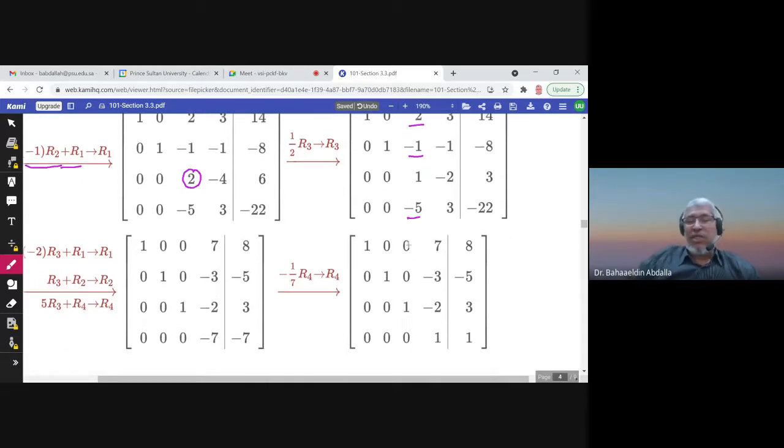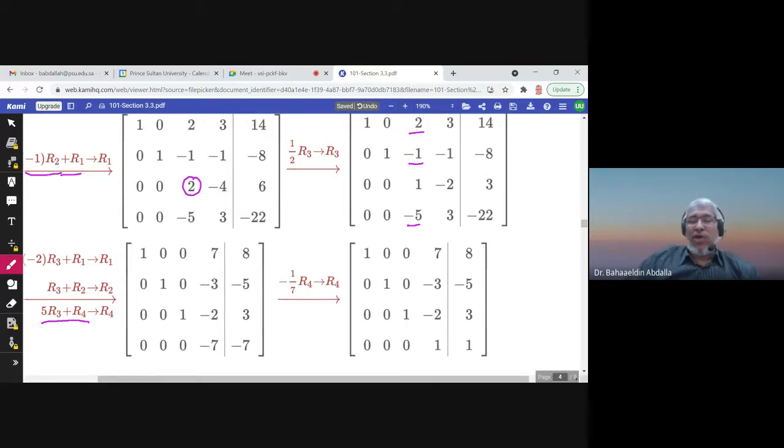So this is negative 5. I multiply row 3 by 5 and add it to row 4. This is negative 1. I multiply row 3 by 1 and add it to row 2. This is 2. Row 1 is 2. So I multiply row 3 by negative 2 and add it to row 1.